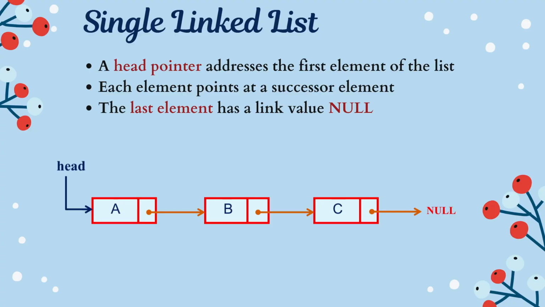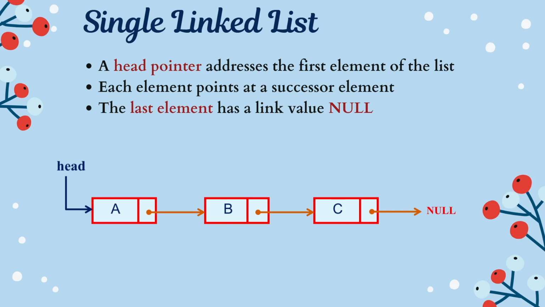So, here what you see is a single linked list. In a single linked list, we have one pointer designated as head that will contain the address of the first element in that list. We have one node as the last node of that list. The speciality of the last node is that its address part will contain a value of null.